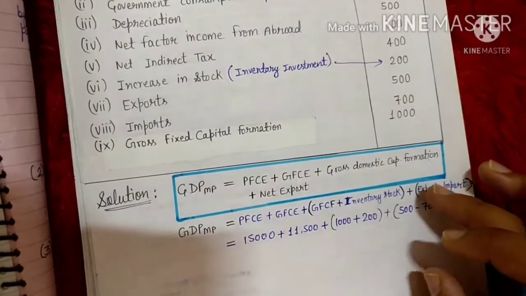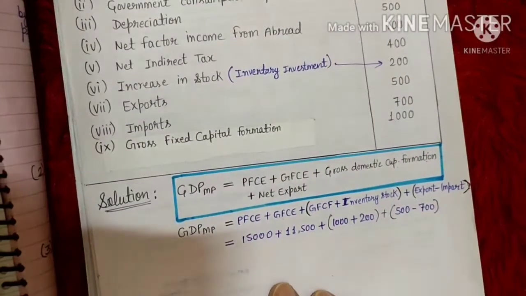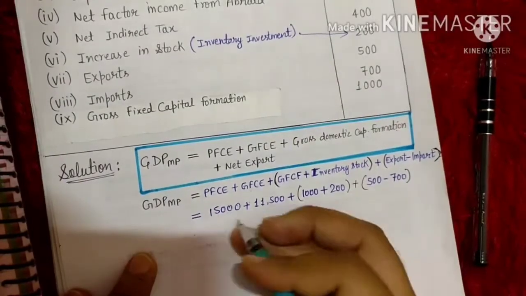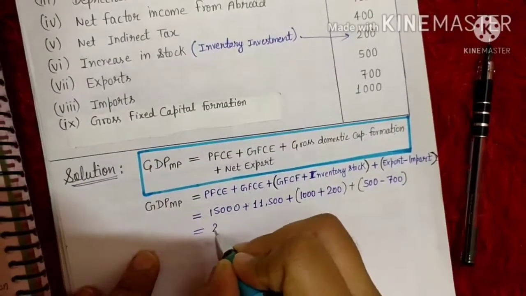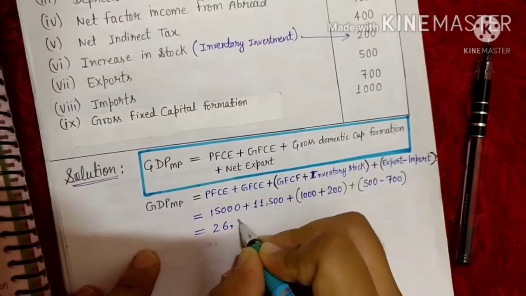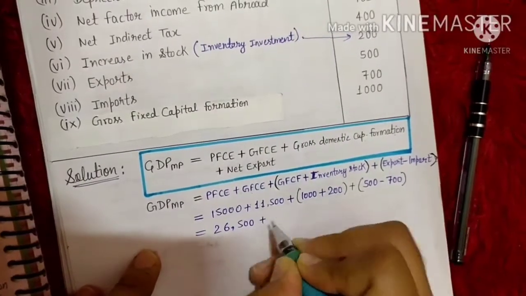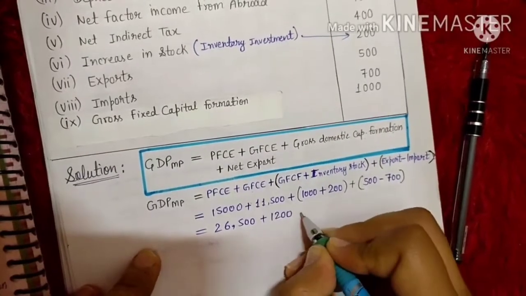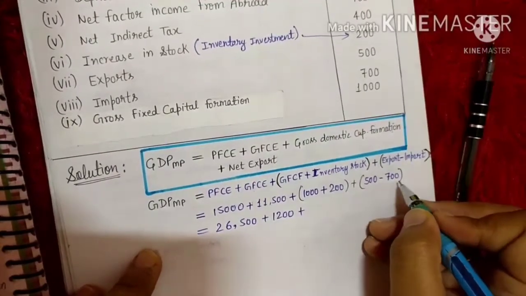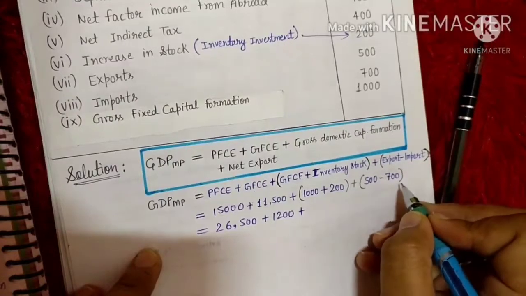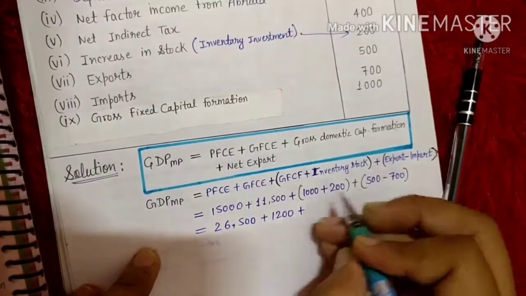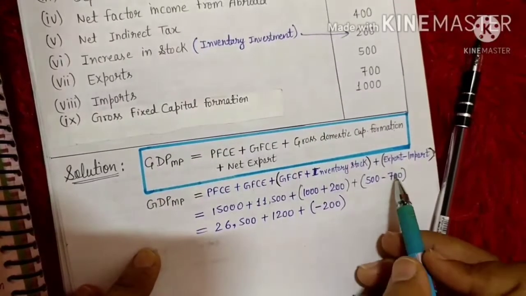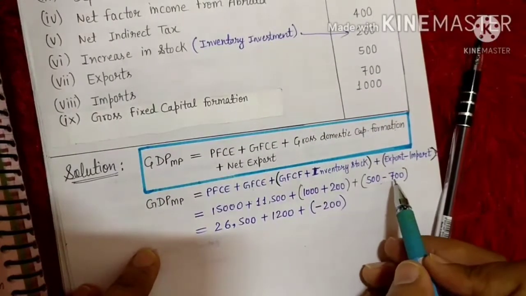Here we have put in the values which are given in the question. So now we have to solve. 15,000 plus 11,500 will come to 26,500, plus 1,000 plus 200, which is 1,200, and then plus 500 minus 700. Here 500 is smaller than 700, so the answer will be negative, that is minus 200, because 700 minus 500 is 200, but the sign will be minus.